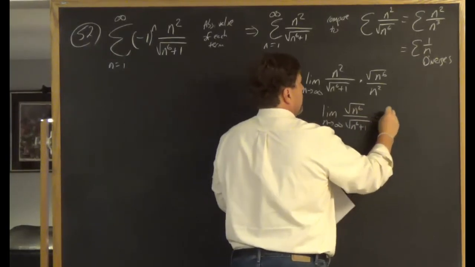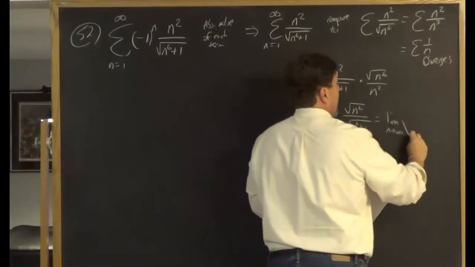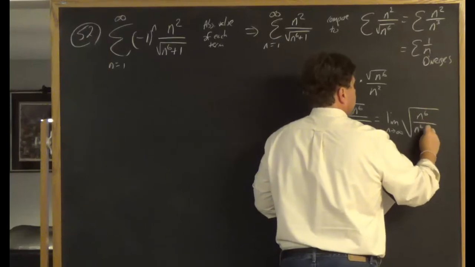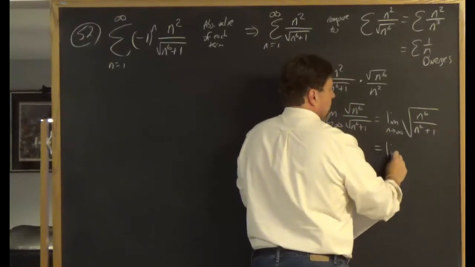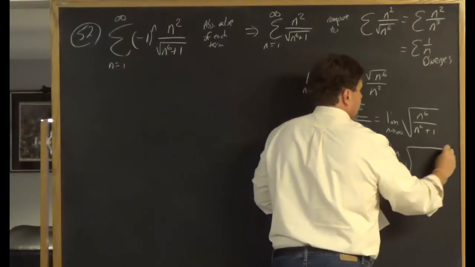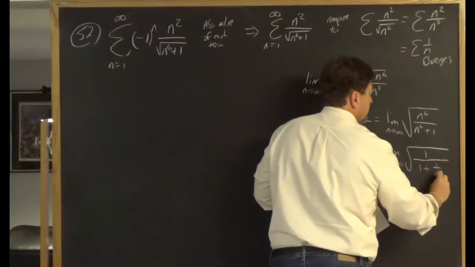over square root n to the 6th plus 1, which I can write using a property of radicals. I can write it like this. I can come under the radical, divide everything in the numerator and everything in the denominator by n to the 6th.